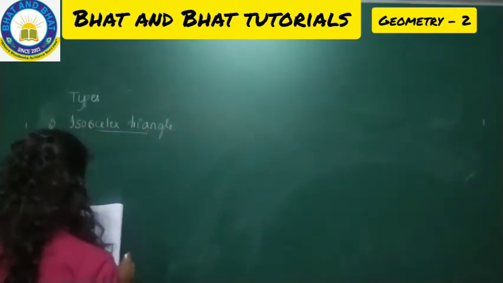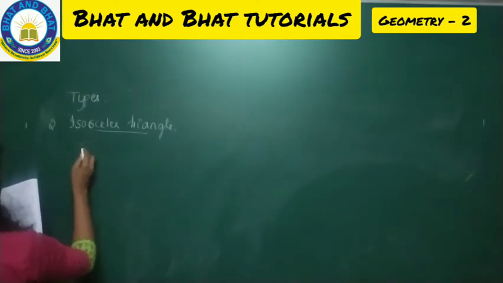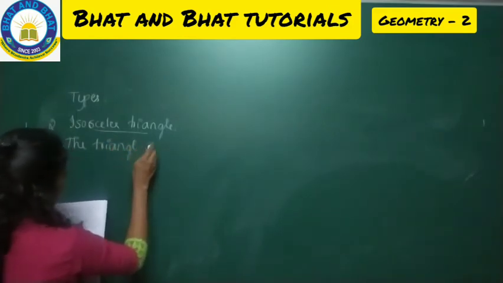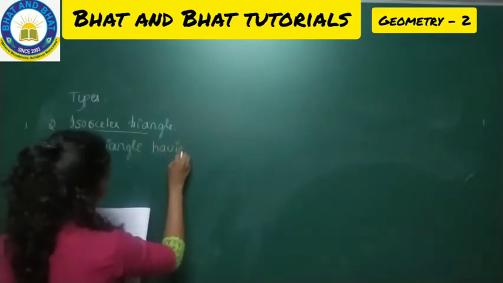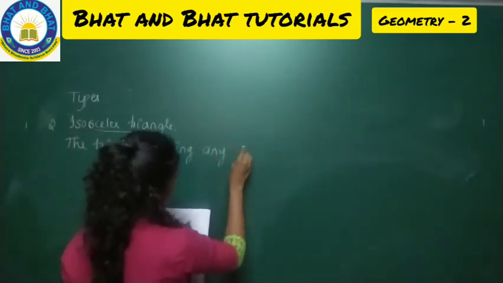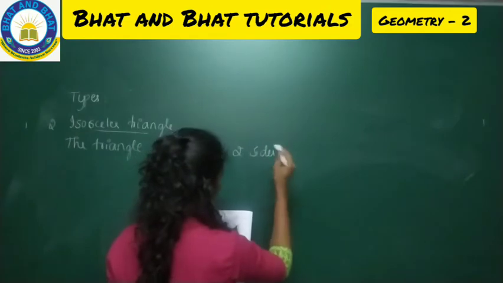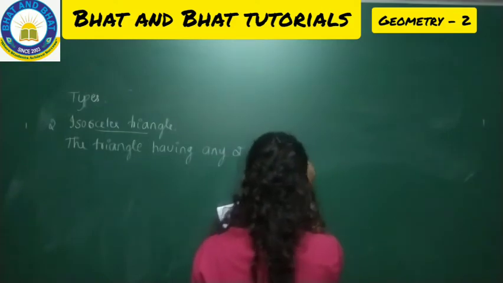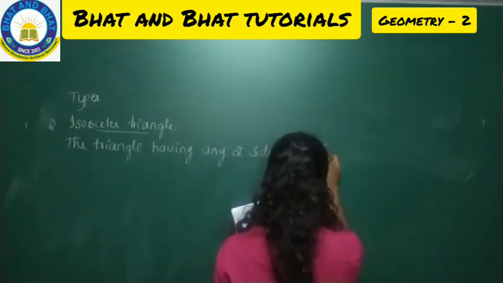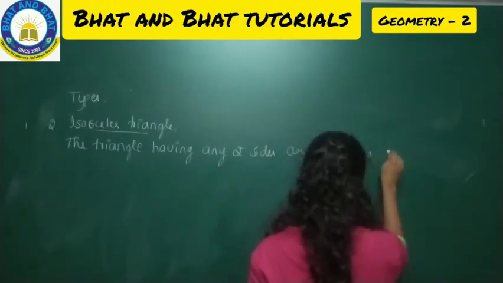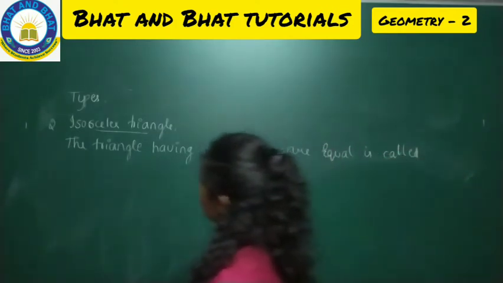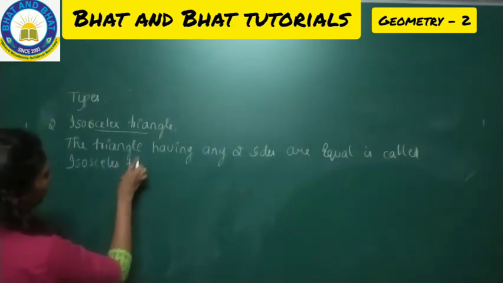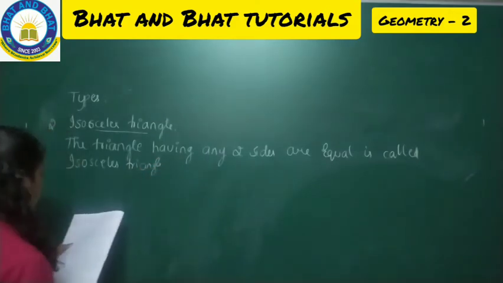Under that, the triangle having any two sides equal is called an isosceles triangle. Any two of the sides will be equal in this type of triangle.